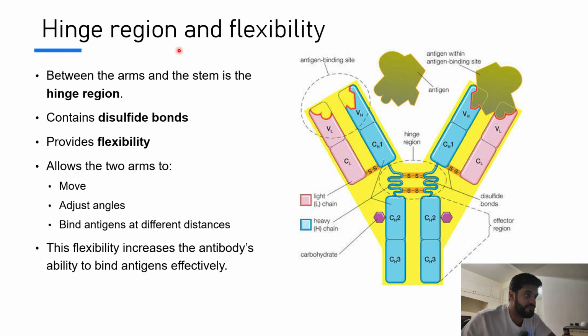The region which is connected by the SS link or the disulphide bond is known as the hinge region, and it is very important for the flexibility of the antibody. As you can see, it will allow some movement in the antibody if the antigen is a little far away or the shape of the antigen is not very constant, because it's not the whole antigen which will bind to the antibody.